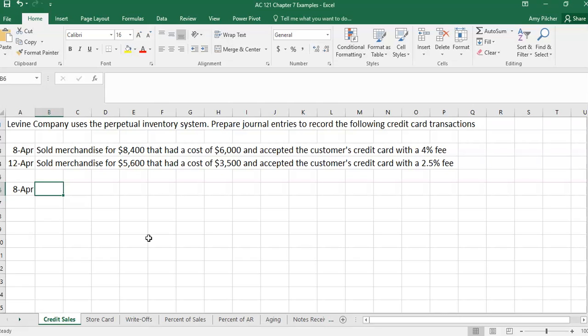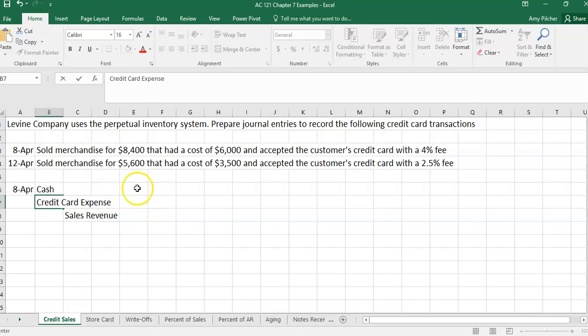So we would record a normal sales transaction where we receive cash and have sales revenue. We also have a credit card expense from that fee.